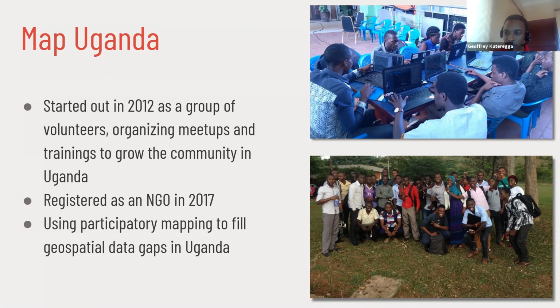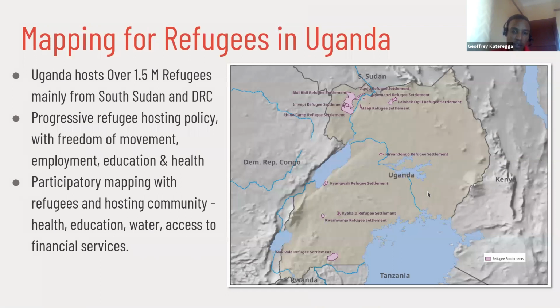One of the other projects I want to share about is the mapping we did for refugees in Uganda. Uganda hosts over 1.5 million refugees who are mainly coming in from South Sudan because of the insurgency there, and also the Democratic Republic of Congo.